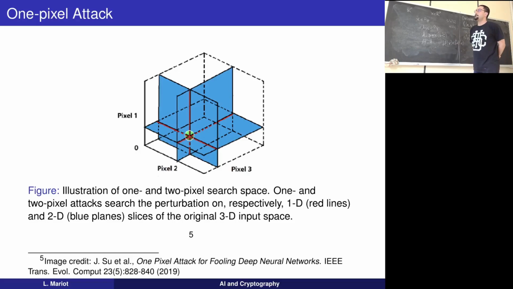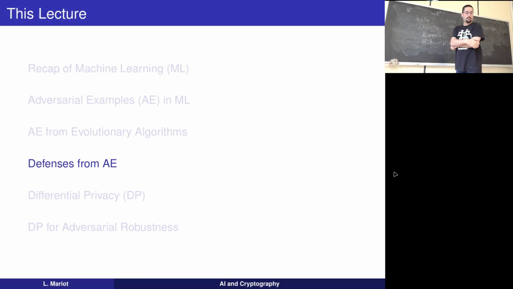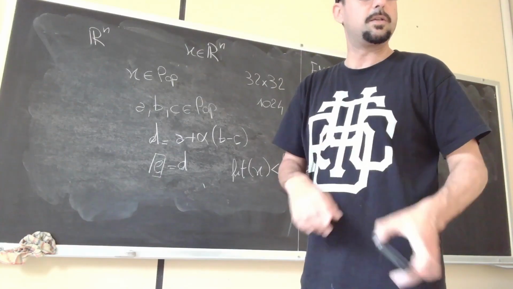And these are examples, again, that you can have using this 1-pixel attack, applying a single pixel perturbation found by the differential evolution. And yeah, so far, do you have any questions on this? Or is everything clear?